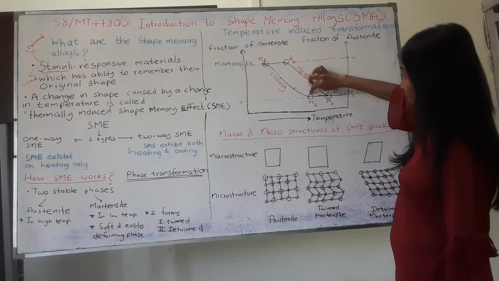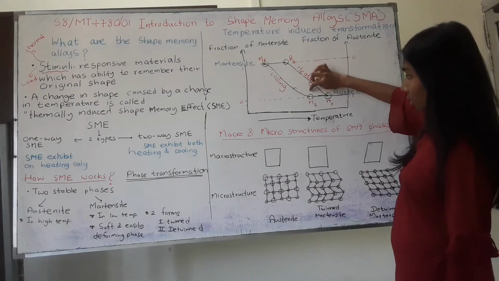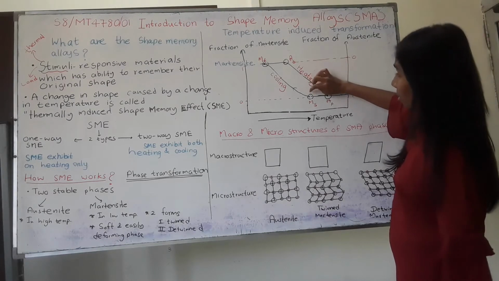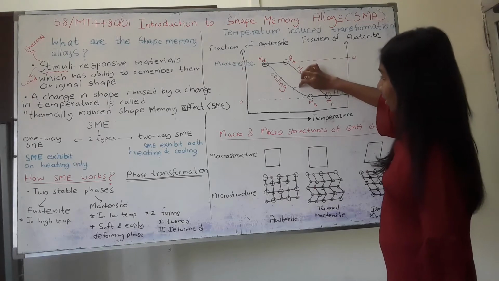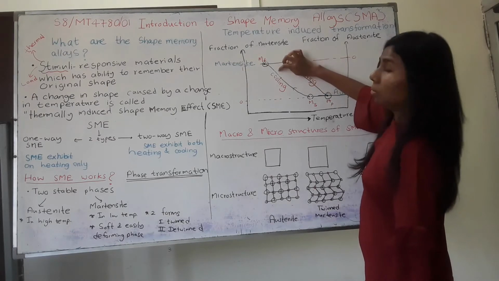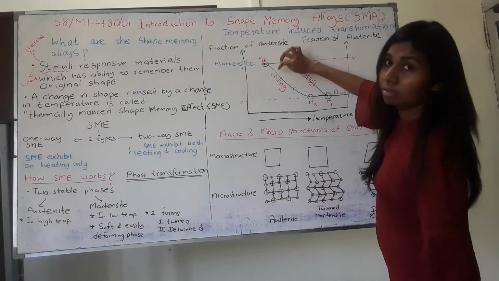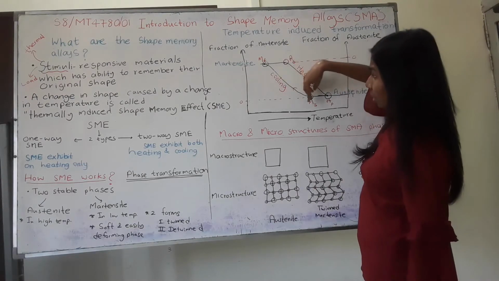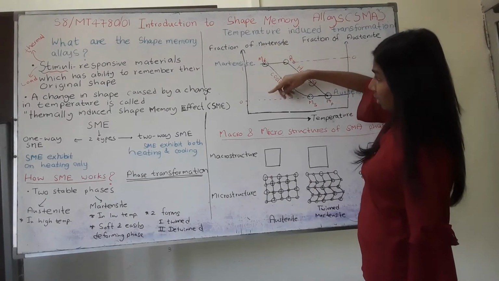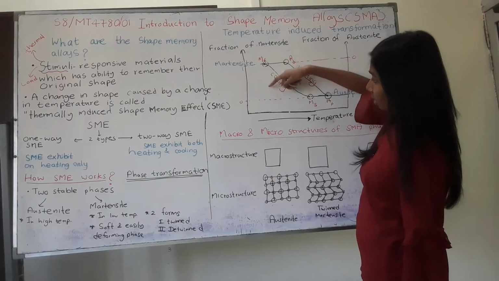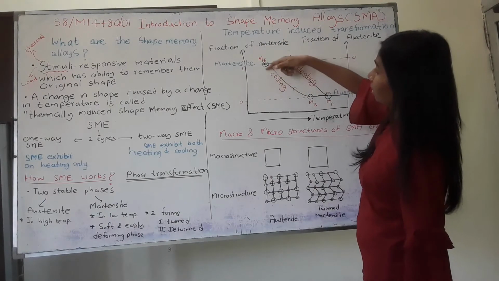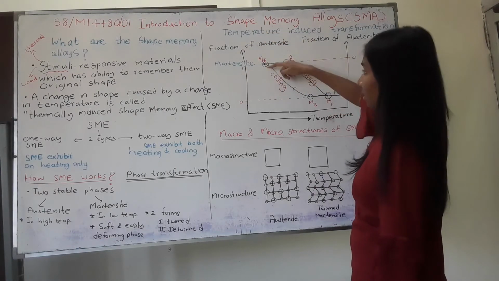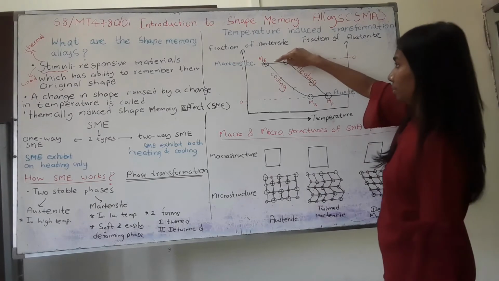This is the point which is the start of forming martensite in austenite, and when it gradually increases the cooling, that means decreases the temperature, the portion of martensite in austenite will increase. You can see in here it's gradually increasing the fraction of martensite in austenite.